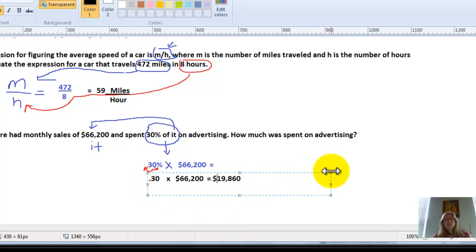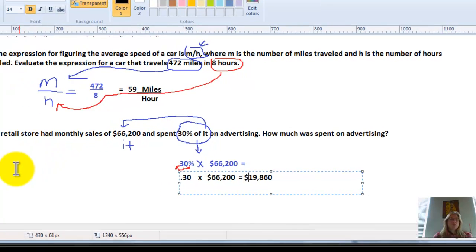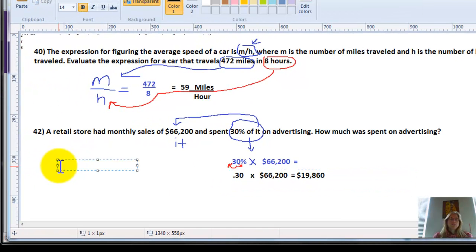Now another way to do the problem is if you're used to percent proportion, then what you would want to do is take your 66,200 as the whole, so you have part over whole, which is 66,200, and you're going to set that part equal to the percent, which is given as 30, but because you're using a percent proportion, you place that 30 over 100.